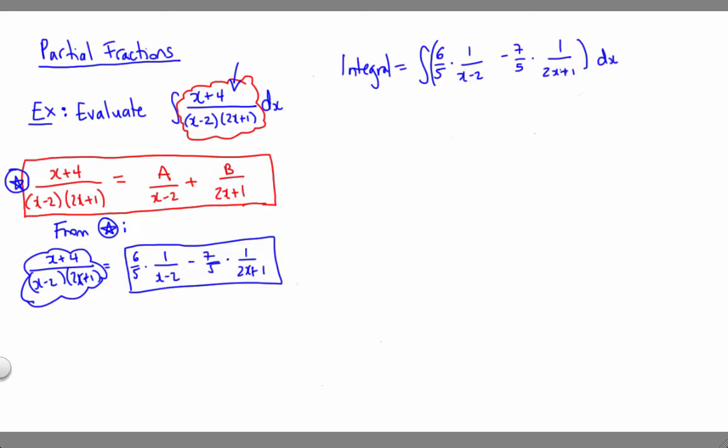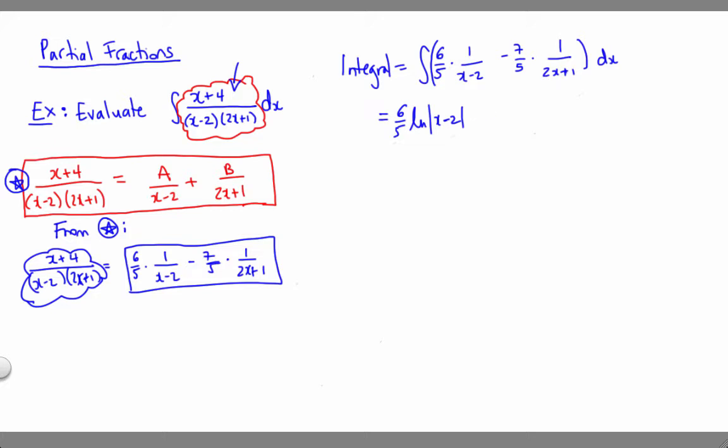So each of these terms inside the integral is now in ln form, and we can write down the value of our integral. So we're going to get 6/5 times ln absolute value of x minus 2. And when we integrate the second term here, we're going to have to be a little bit careful when we apply the shortcut because the coefficient of x is 2 here.